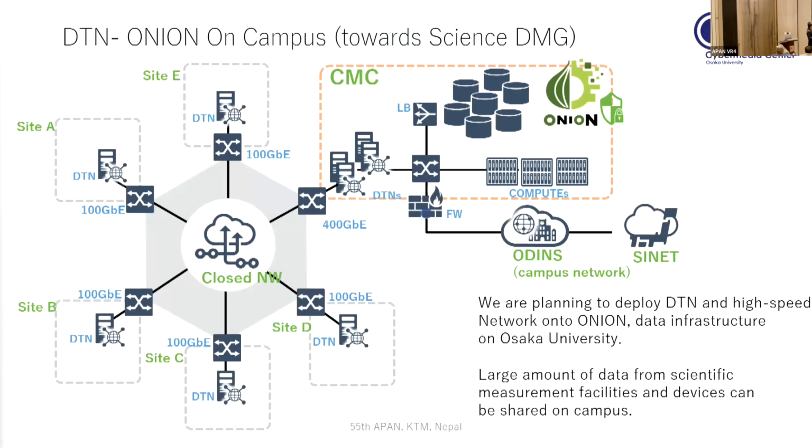If we succeed, research institutions which have scientific devices such as microscopes can move terabyte-plus data to the supercomputer system, and the user can enjoy the performance brought by the supercomputer system. And right after the computation, the results can be shared with different institutions.